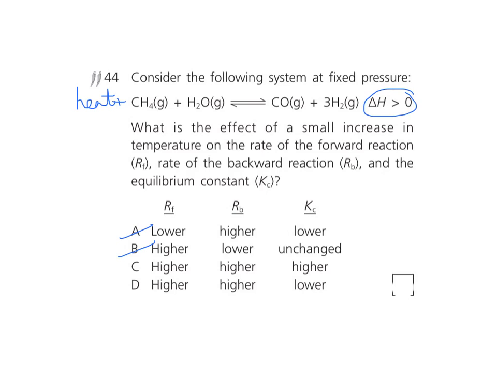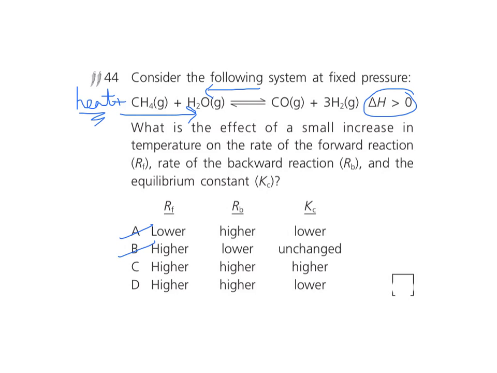So now we're looking at choice C or D then. However, we know that an endothermic process is more greatly affected by temperature change than an exothermic process. So notice that the forward reaction here is endothermic, while the reverse reaction is exothermic. So the forward reaction rate is going to be raised more than the reverse reaction because the forward reaction is endothermic.